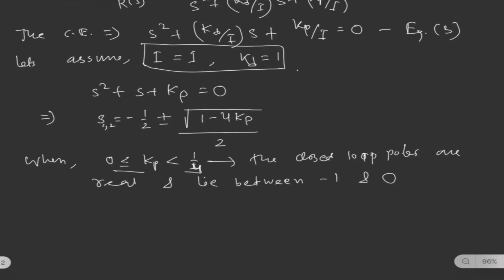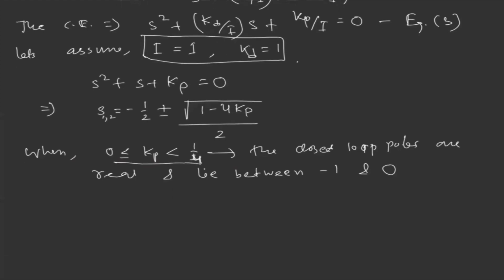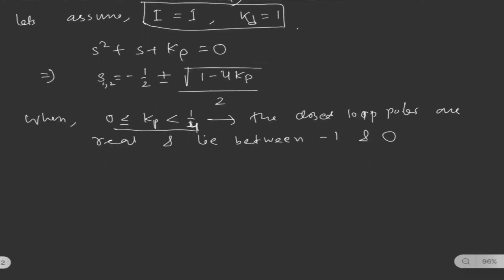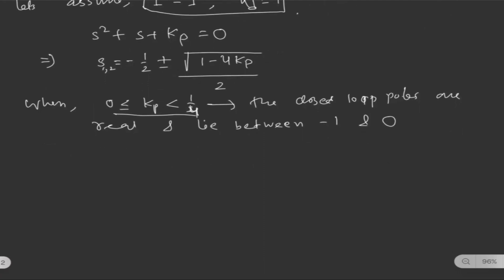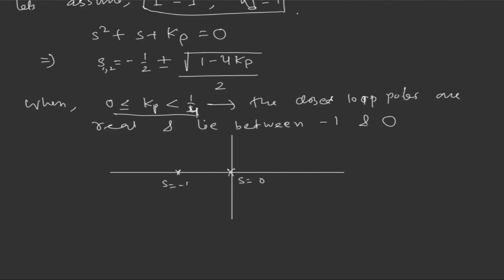So if you have these values, you will have two poles, one at 0, another at -1. Sorry, there is a typo in here. 1 by 4. So if you take Kp up to 1 by 4, then there will be two poles which vary between 0 and -1. Now, if you draw these poles in the S-plane, there will be two poles, one at s equal to 0, and another at s equal to -1.